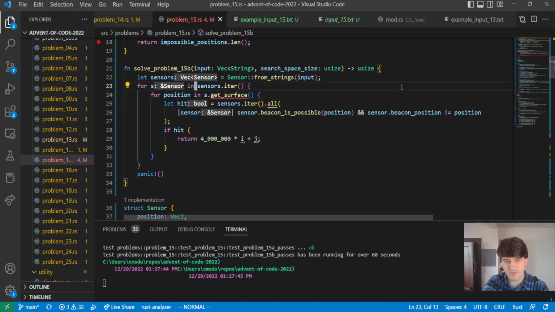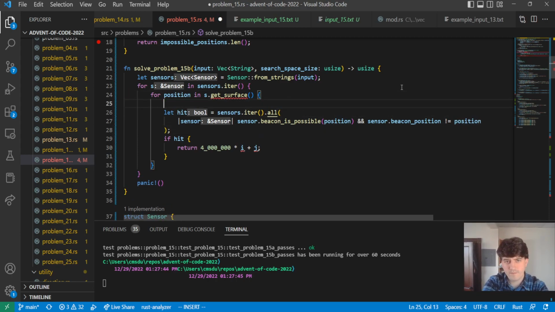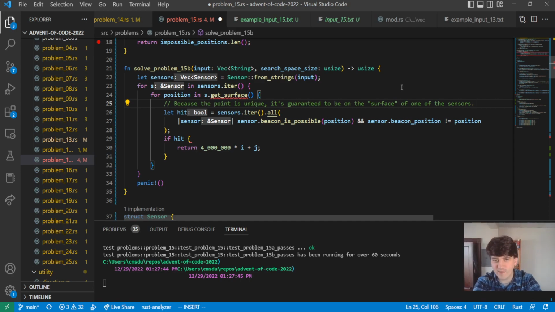So the idea now is to go through all the sensors, grab all the points that are just outside of them, and work out whether the beacon's possible there in the same way we would have before. Because the point is unique, it's guaranteed to be on the surface of one of these sensors, which feels a little like cheating, because certainly you wouldn't know this in the real world, but it's all right.